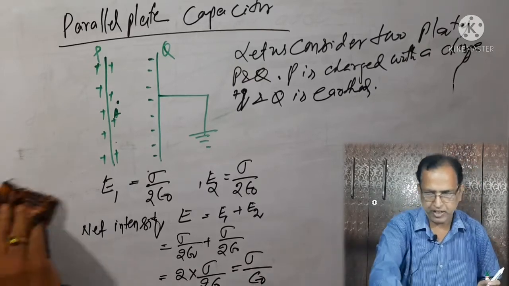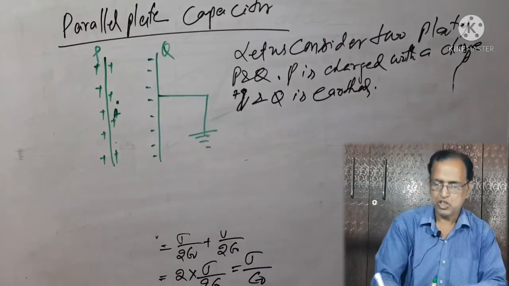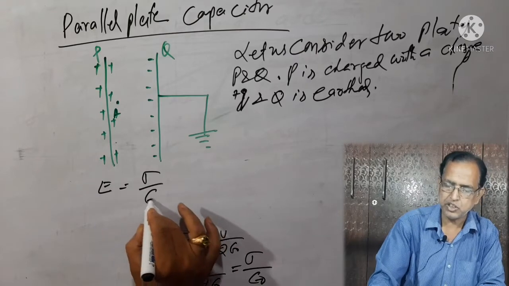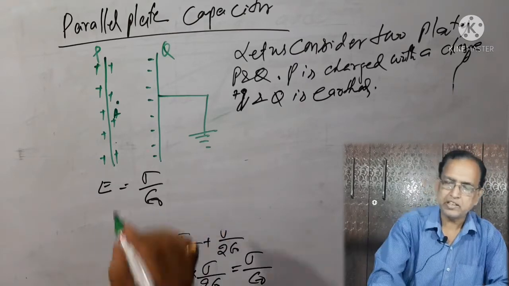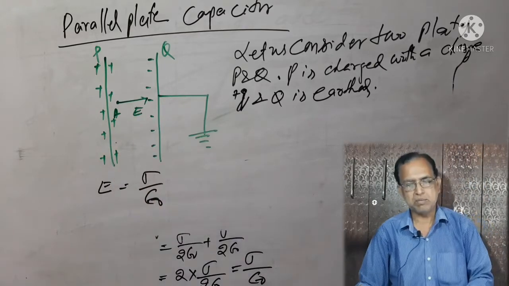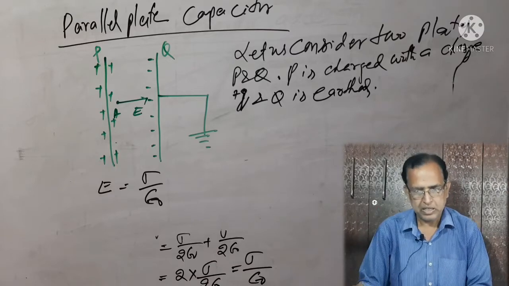So, net intensity E is equal to sigma by epsilon 0. This is the direction of E. Sigma is the surface density of charge.